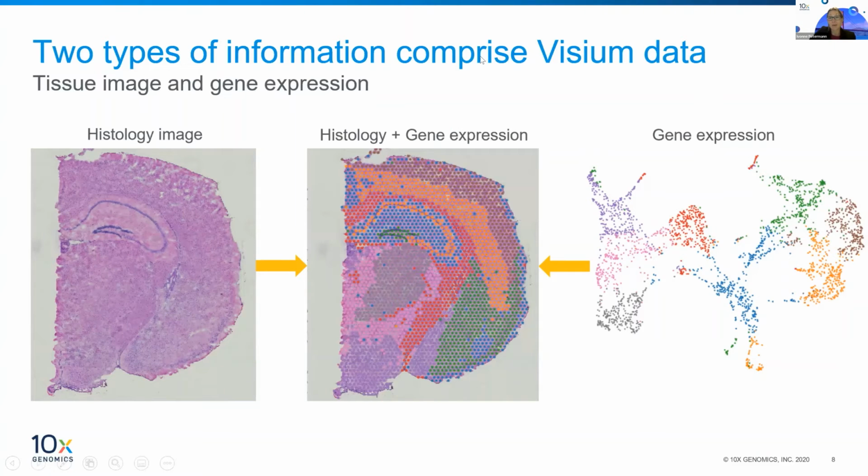And the power of this technology is, of course, that you overlay these two. So you can not only see the gene expression as a standalone, you can see clustering of your data in specific cell types, but you can then change the view and overlay this gene expression pattern with your histological image, and then pick these barcoded spots or these areas of interest to analyze.